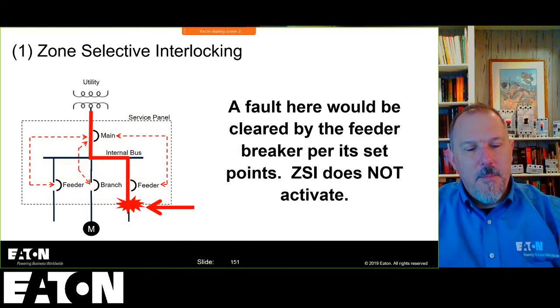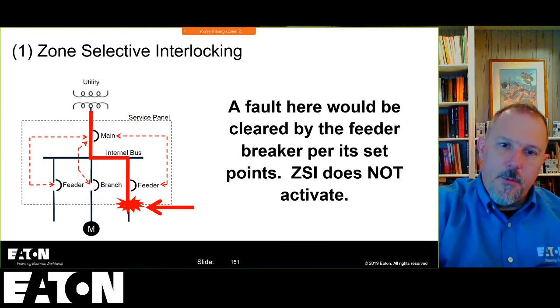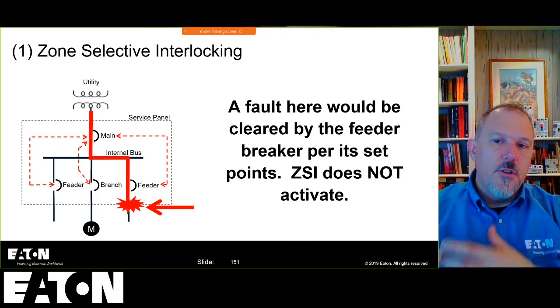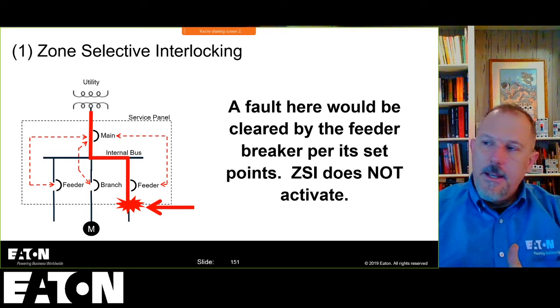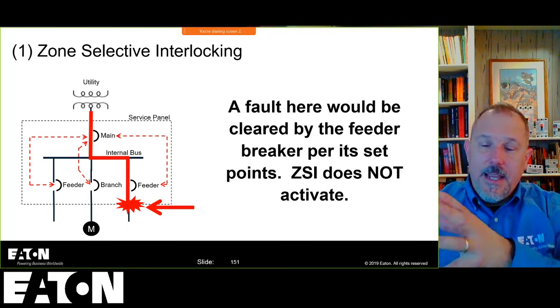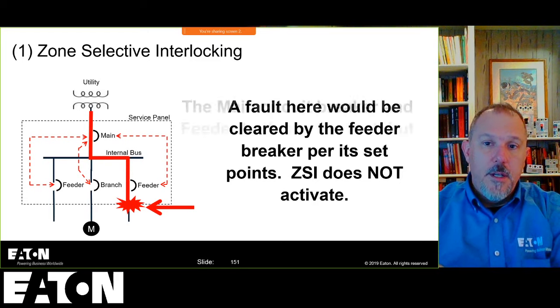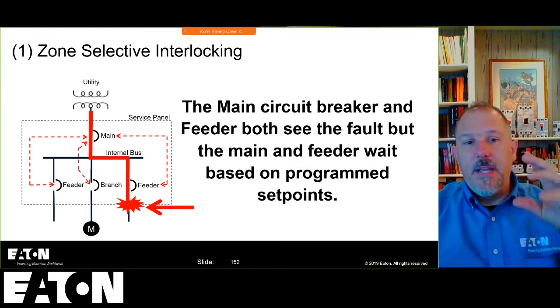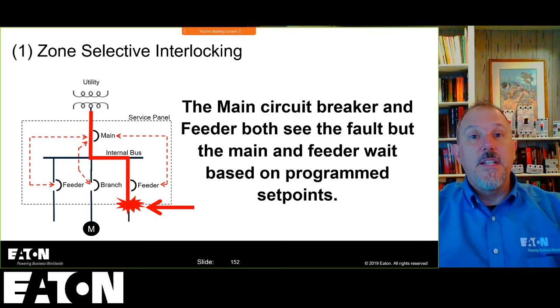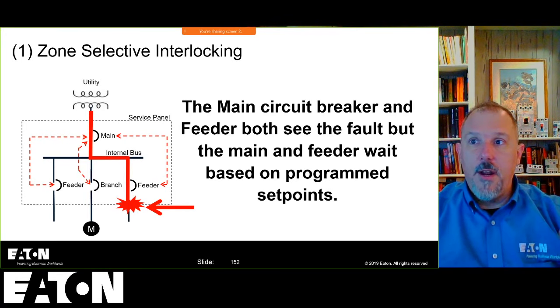But you got to remember, just like differential and others, it only protects you when the fault occurs in the zone of protection. So a fault that passes through everything, all of those devices will go as they were programmed. If you didn't program them, they'll probably cascade or whatnot. You won't have any coordination or anything like that.